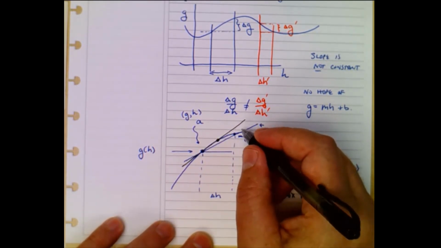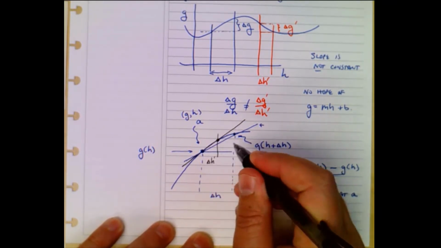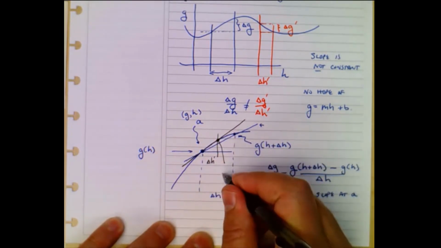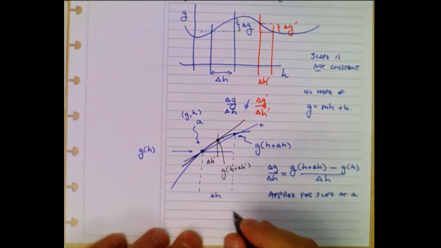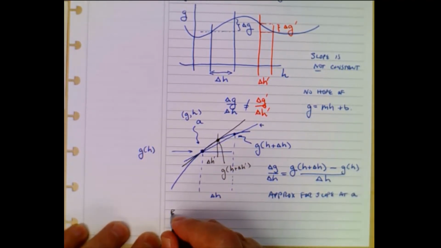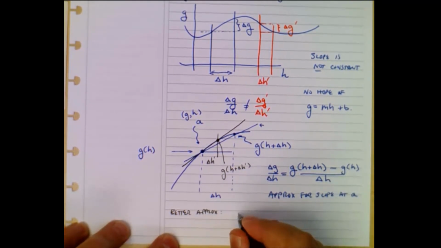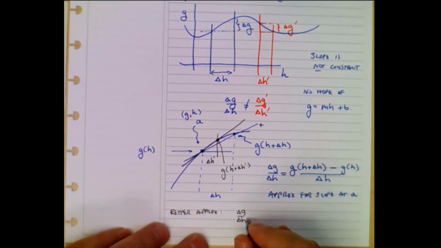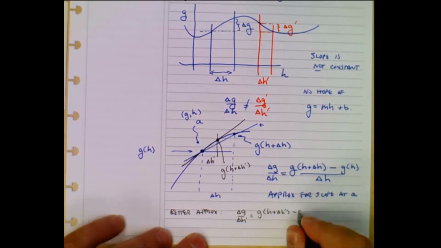and say, okay, for this delta H prime, then this is G at H plus delta H prime. And I've got another approximation, a better approximation of delta G over delta H prime, it being G at H plus delta H prime minus G at H, over delta H prime.